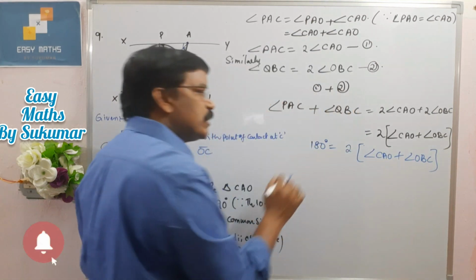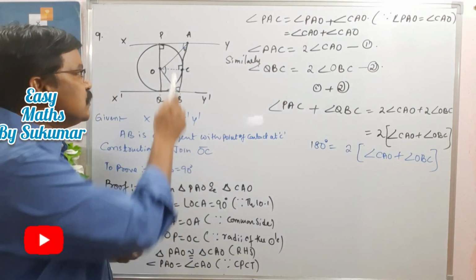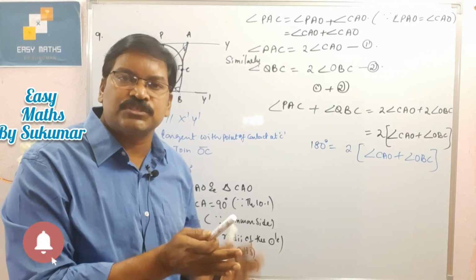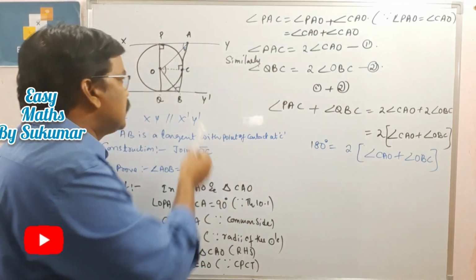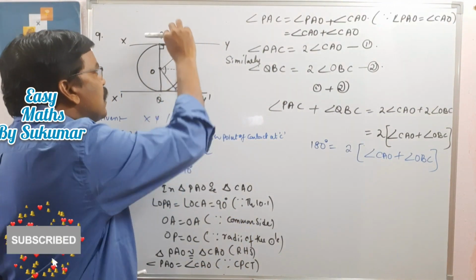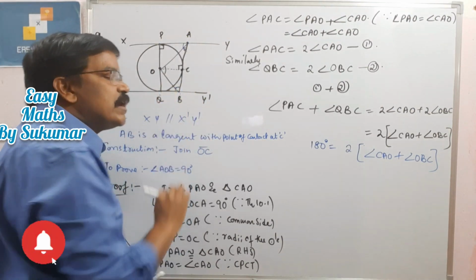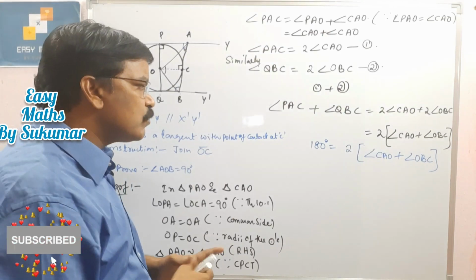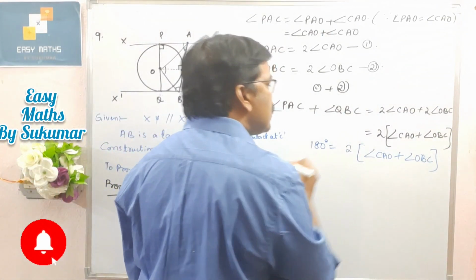The reason to write 180 degrees is that these two angles are interior angles on the same side of the transversal. Here the transversal is AB, and XY and X dash Y dash are the two tangents which are parallel to each other. Therefore, this is 180 degrees.